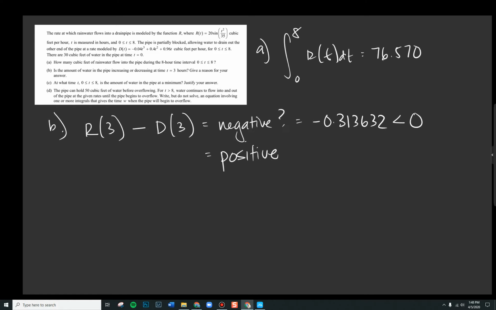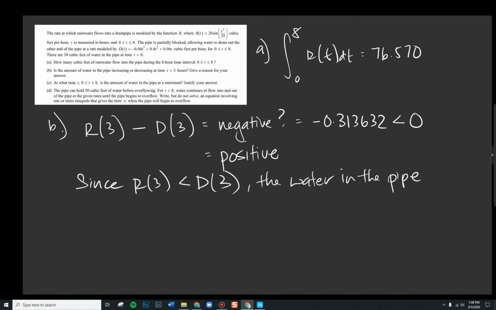You have to give a reason for your answer. You could say, since R of 3 is less than D of 3, the water in the pipe is decreasing.